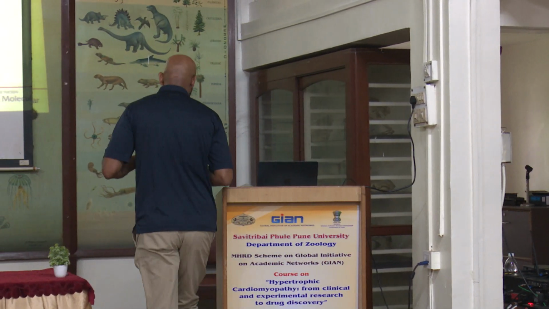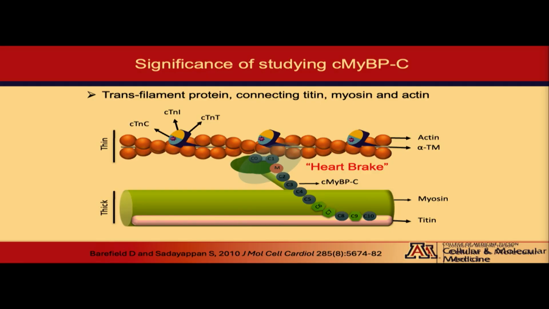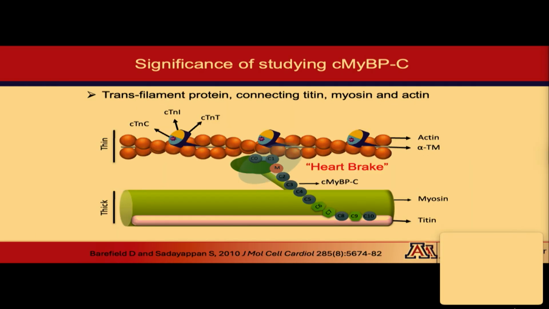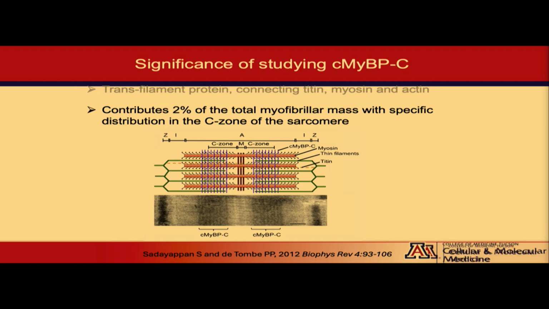Yeah, I mean, if you look at all the sarcomere literature, this is the one immunogold electron microscopic analysis, where you stain the sections with antibodies and then you have gold.